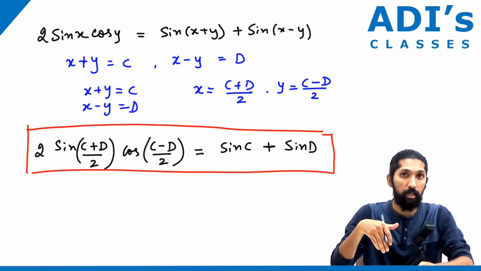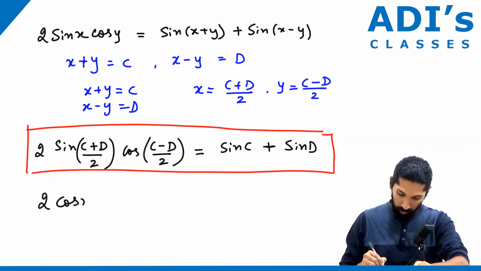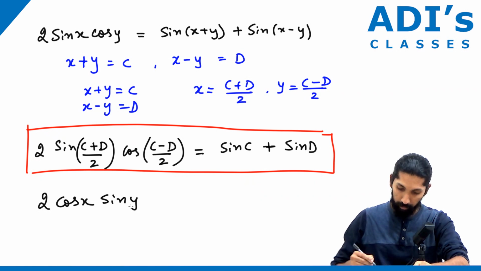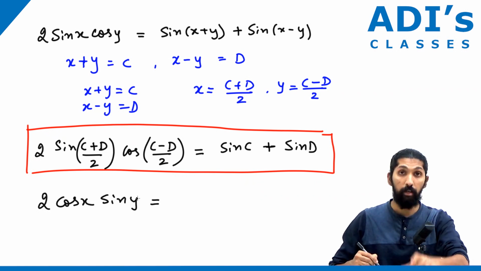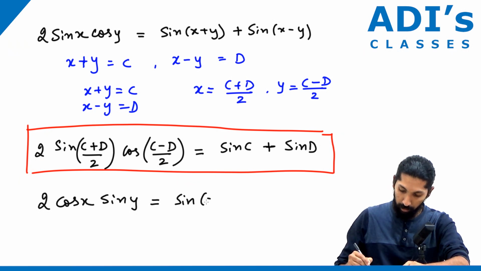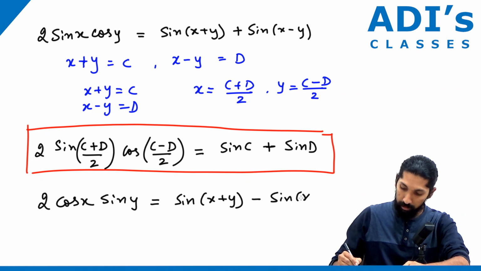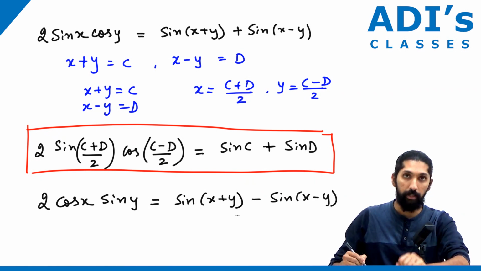Now, the next part: what if you take 2 cos x into sin y? If you remember, the formula is sine of x plus y minus sine of x minus y, correct?